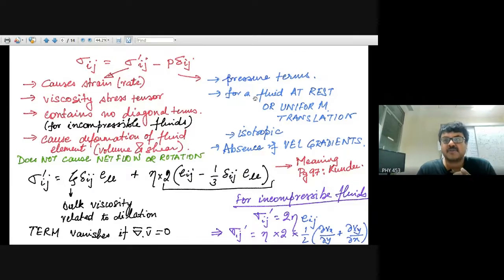It also acts for a fluid at rest or uniform translation. I already mentioned it's isotropic and also acts in absence of velocity gradients. And the reason this comes with a minus sign is that the pressure on a fluid element acting by the rest of the fluid acts inwards, which is opposite to the normal, which points outwards.